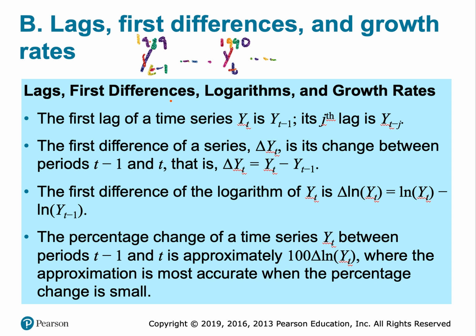So this is the lagged observation, the previous observation. We can also talk about the lead observation, yt plus 1, which would be 1991.